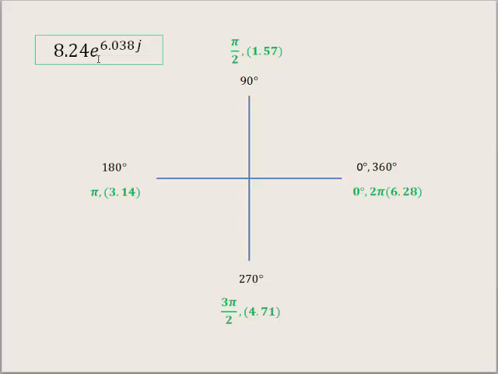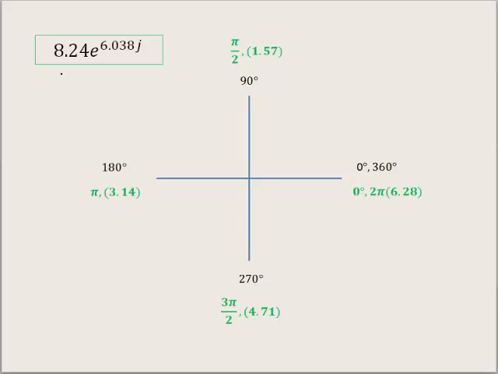All right, here's another designation. This is 8.24 e to the 6.038j. So 8.24 refers to the r.